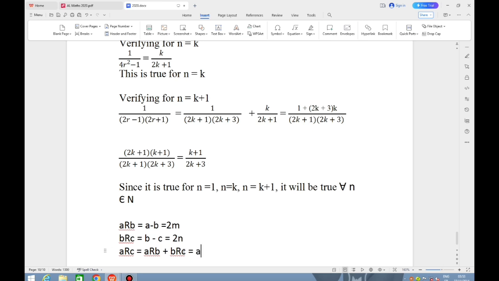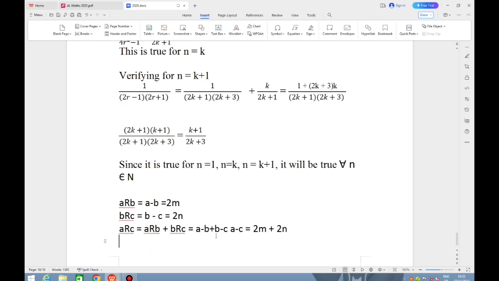We're adding this, a minus b plus b minus c, and this is going to give us a minus c, which is equal to 2m plus 2n, and you can write it as 2 into m plus n. So a minus c is equal to 2 into m plus n.